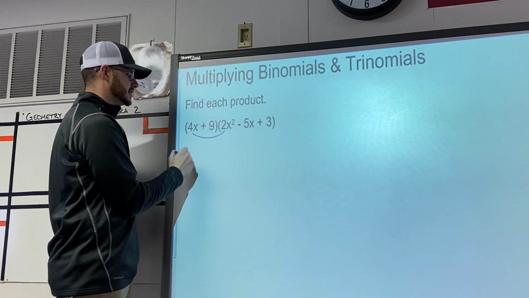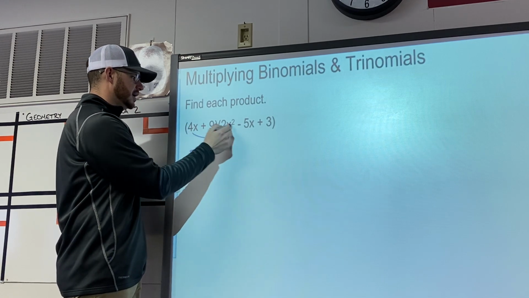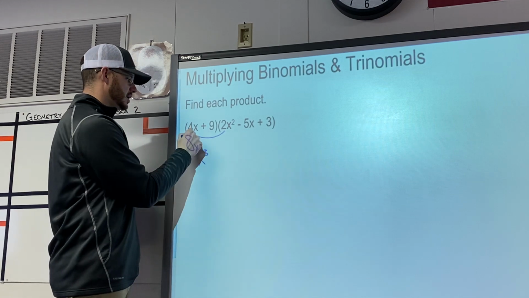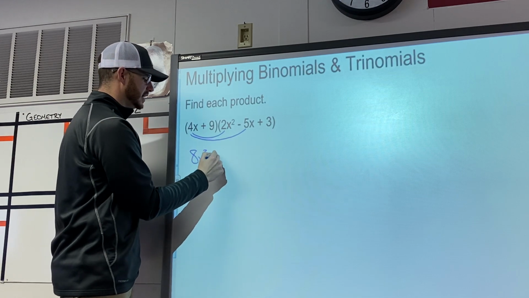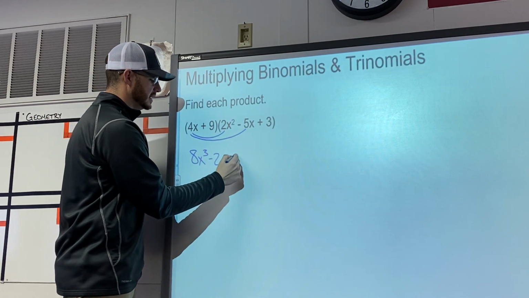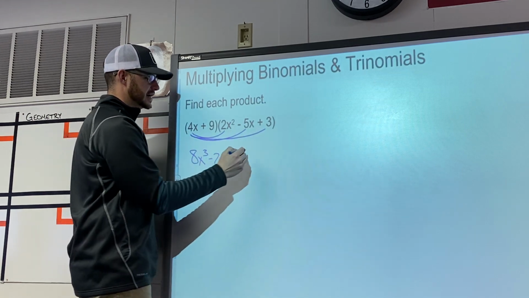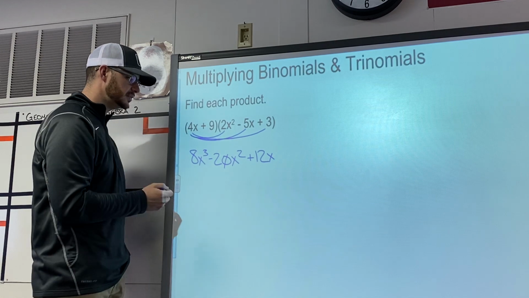So 4x times 2x squared: 4 times 2 gives me 8, x times x squared gives me x cubed. Then I'm going to continue on: 4x times -5x gives me -20x squared, and 4x times 3 gives me a positive 12x.